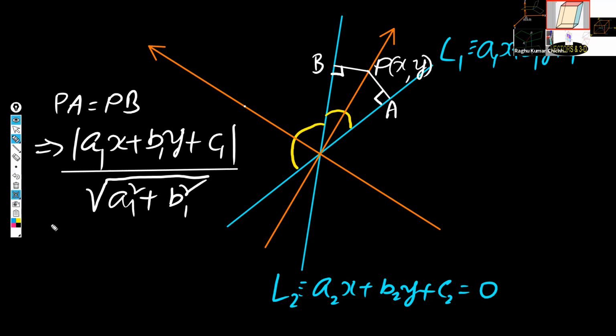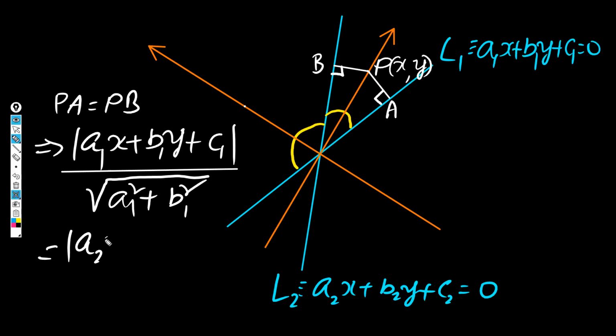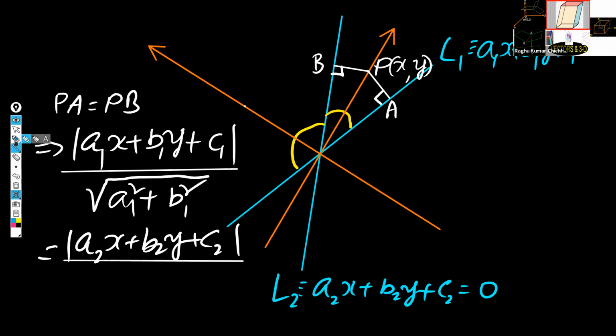That's it. Is equal to PB, please. PB, this is the second line, L2. Come on, tell me. Modulus of A2x plus B2y plus C2 by under root A2 square plus B2 square. Very good.